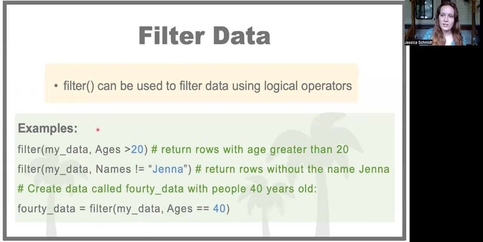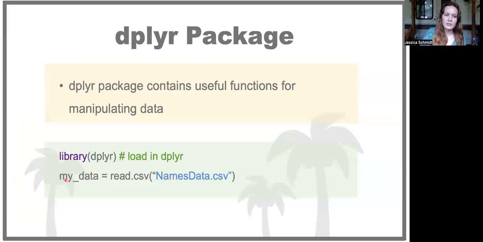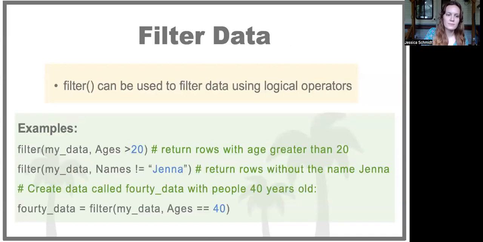Okay, so here are some examples. Filter, and the first parameter in filter is the data set, which is going to be my data. If you remember, when we loaded in our CSV, we called it my data. And then we're going to return only ages that are greater than 20. So what's happening here is that we're filtering our data using logical operators, which we talked about in the very first class of this series.